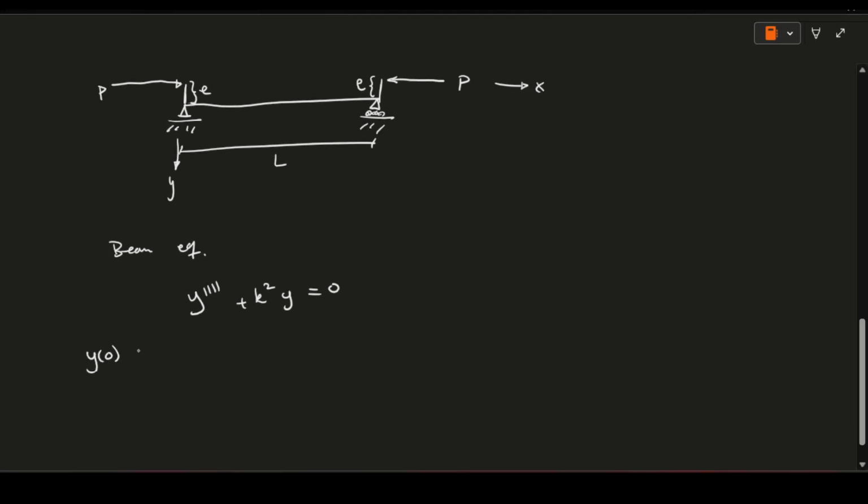We know that the deflection at 0 is equal to 0, and the deflection at L is equal to 0 as well. We know that we have no moments at either end of the beam as well, so this also is a boundary condition. EI y prime prime of 0.